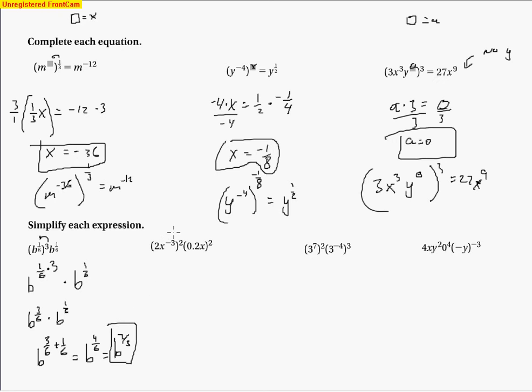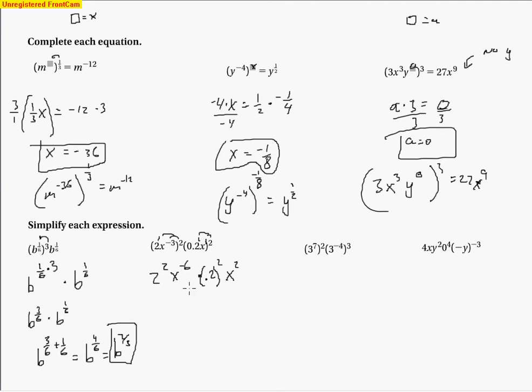Now this next one, we distribute that exponent over all the numbers inside the parentheses. So we have 2 squared x to the negative 6th, and then over here same thing. Distribute that 2 over both these terms. So it's 0.2 to the 2nd power, x to the 2nd power. So we'll square 0.2, and I'll go ahead and multiply out the 2 squared.